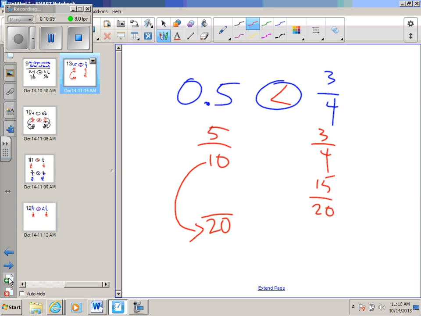How did I get to a 20? I went times 2. So if I multiply by 2 to get the bottom, I must also multiply by 2 to get the top. What's 5 times 2? 10. Whatever is done to the bottom has to be done to the top. Okay? Try one of these.